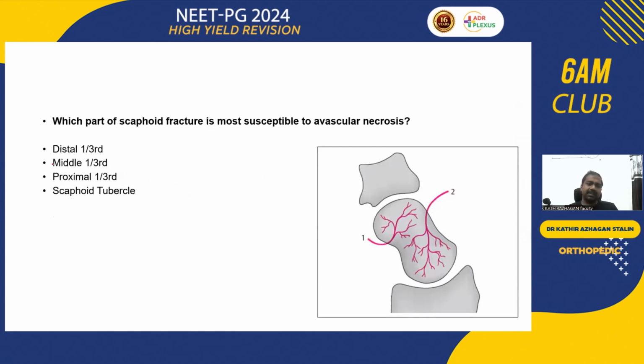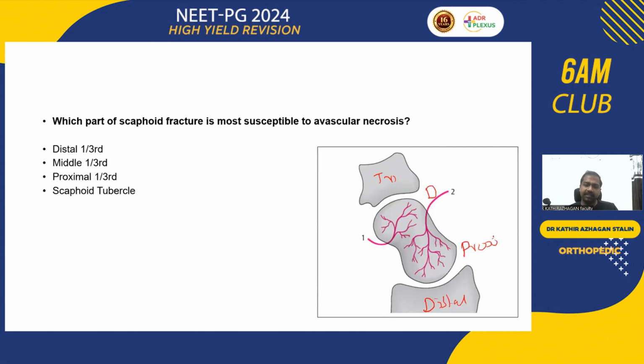Answer is proximal third. Just assume this is the distal radius. This is the trichotrum bone. So you are seeing the scaphoid. This is the distal part of the scaphoid, and this is the proximal part.